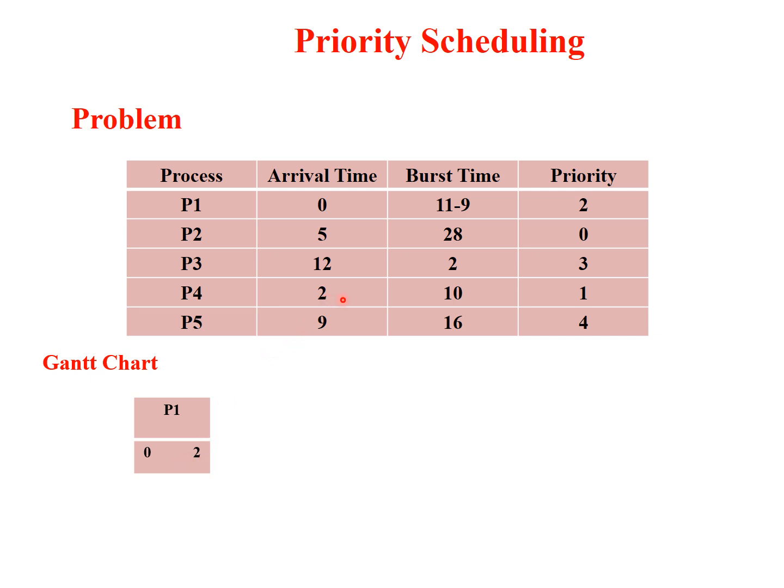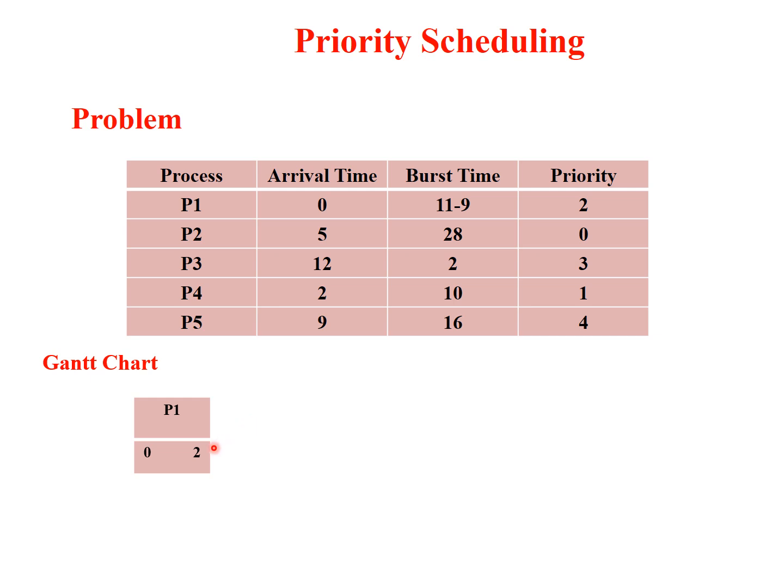But at time 2, there is a process P4 arriving with priority 1. In this problem, let us assume that the low number indicates the highest priority. So P4 has a higher priority compared to P1.